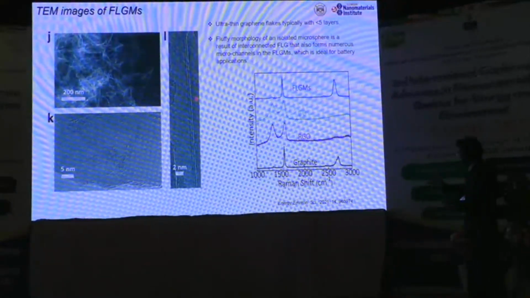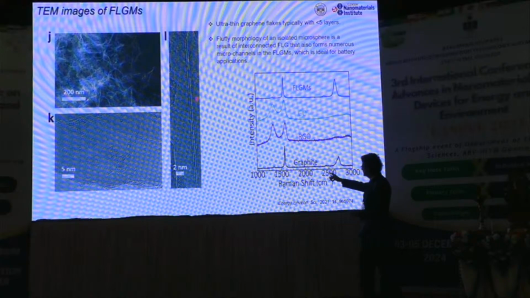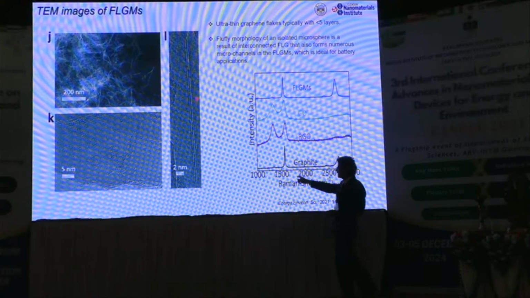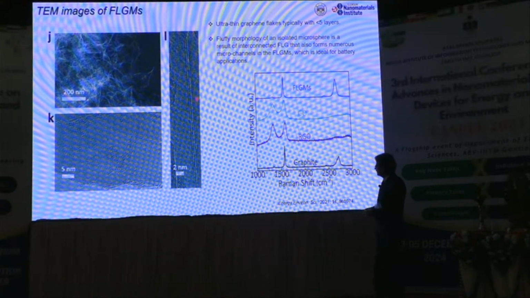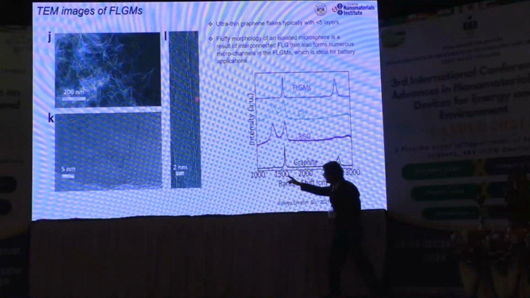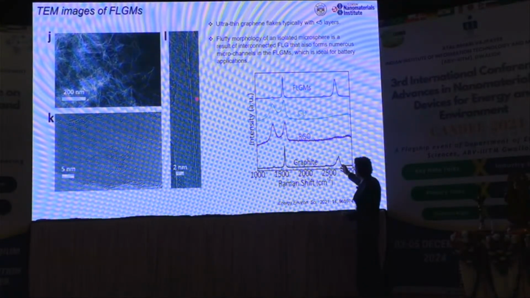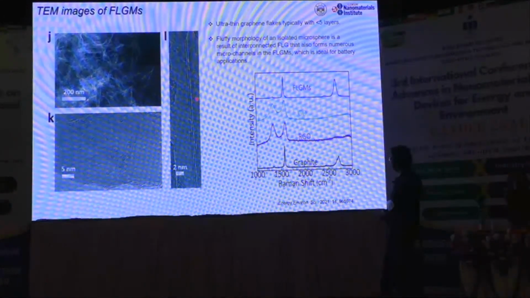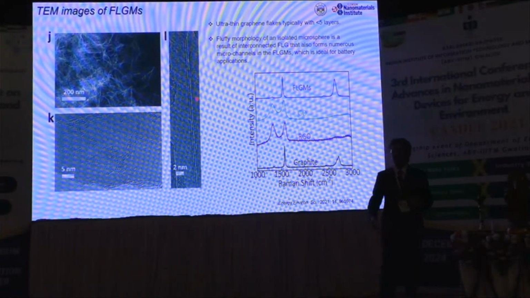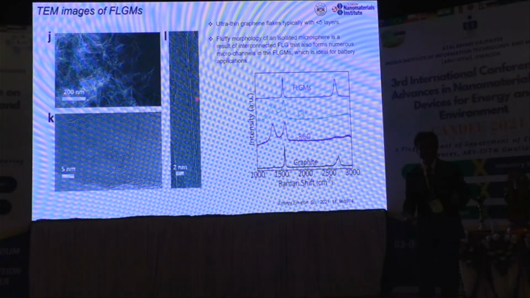And you can see in this graph here that graphite has what we call the G, or the graphite-like band. And then if the graphite has a disorder, we have the D band. And then 2 times this is shown here, the 2D band. Okay? And in the literature, you will find that in order to scale up graphene production, chemists have worked with graphene oxide, and then they try to reduce it.